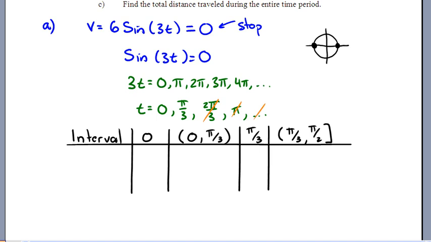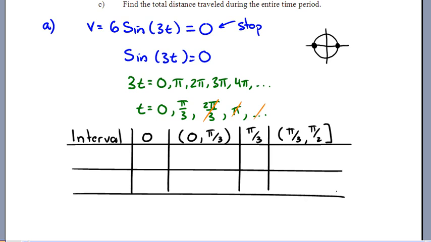Okay, so let's go and examine 2 different things. Let's talk about, first of all, what they've given me, which is velocity. And then we can talk about, well, what's the position doing? What's the story doing? Well, the velocity is 0 at time 0, and it's also 0 at pi over 3.